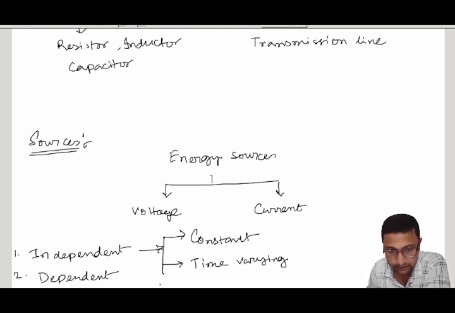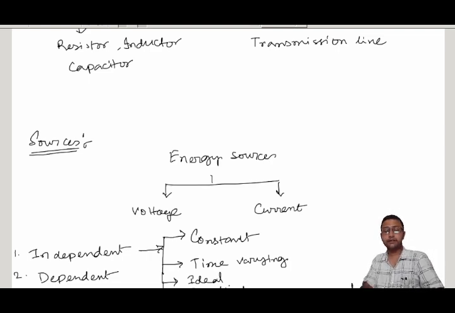The third category is ideal, and number four is practical. These are the four major classifications of independent voltage source or independent current source: constant, time varying, ideal, and practical.